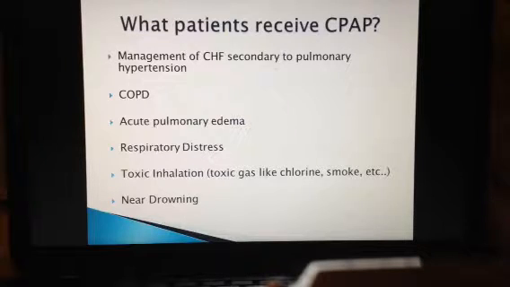Another one would be your chronic obstructive pulmonary disease patients, your COPDers. Then you're also going to have your acute pulmonary edema, your respiratory distress, your toxic inhalation, like toxic gas, like chlorine, smoke, things like that, and your near drowning patients.